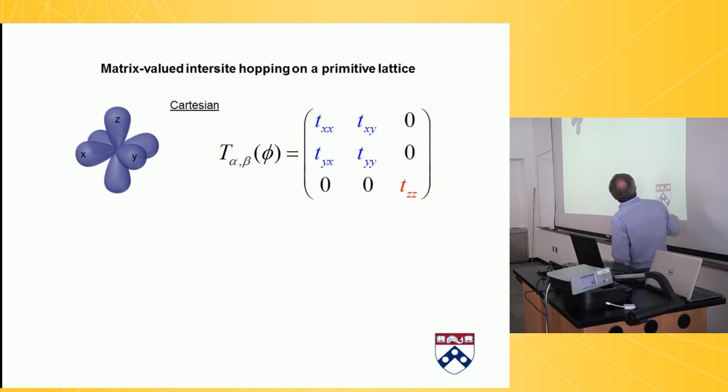And the interesting thing is that the in-plane p degrees of freedom in this Cartesian basis depend on the direction of the hop. So as you move from site to site, there's some rotation in that 2x2 matrix. It's different in different directions, although formally it's the same thing. All you're doing is changing the direction of the hop.